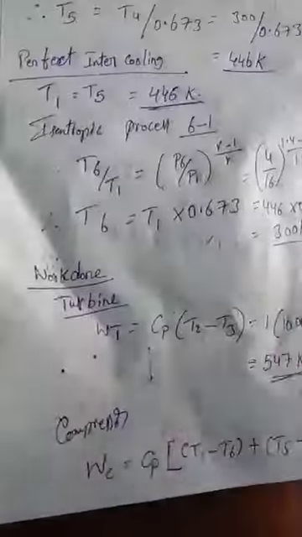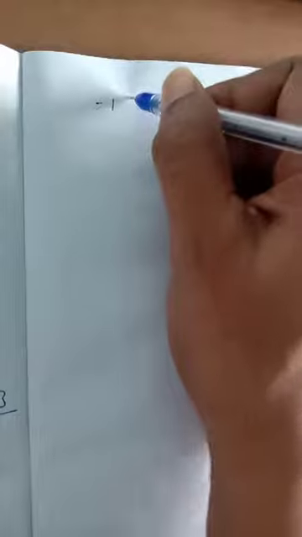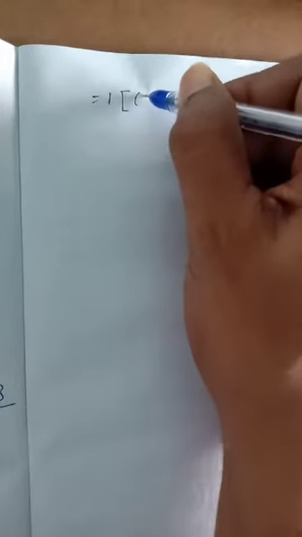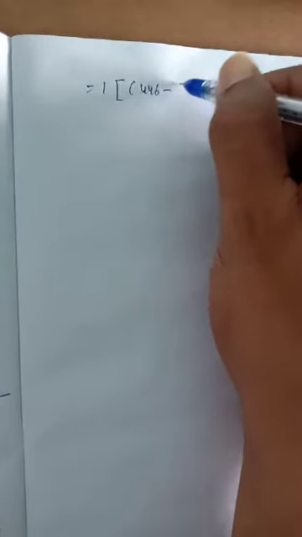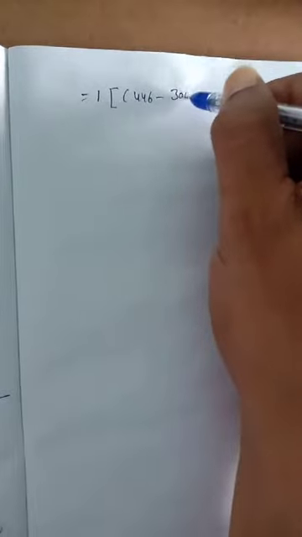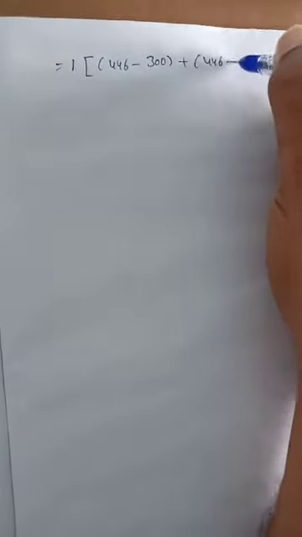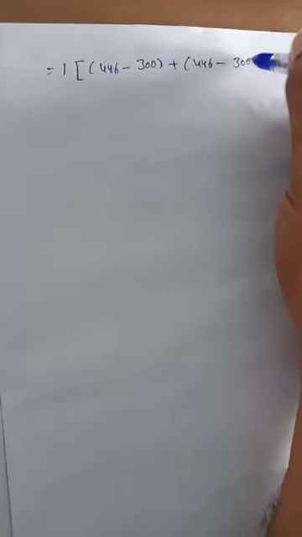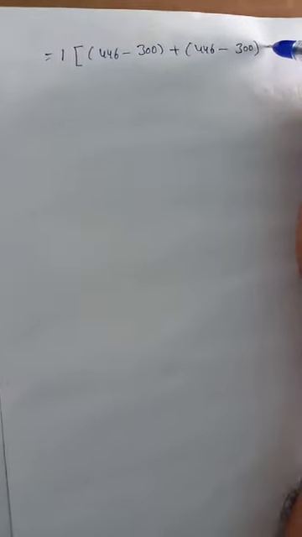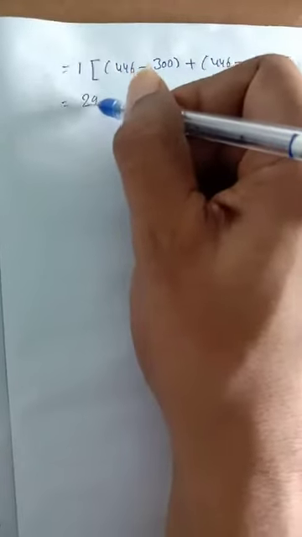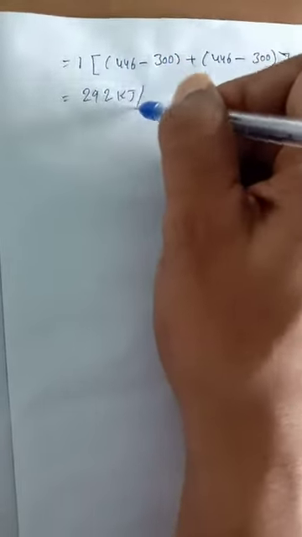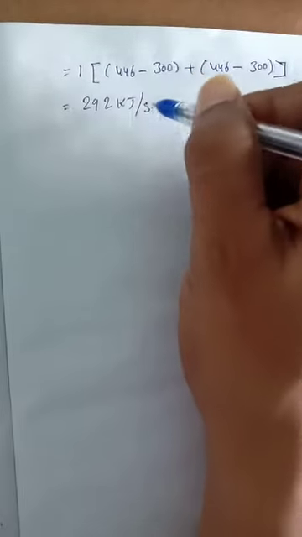And then substitute all these values in here. That is Cp is equal to 1 and T1 is equal to 446, T6 is equal to 300, plus T5 is equal to 446, T4 is equal to 300, and then close. So the answer will come 292 kilojoules per second.